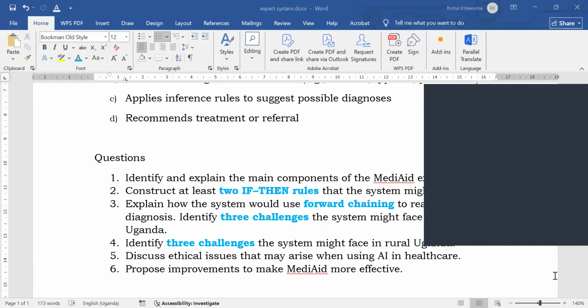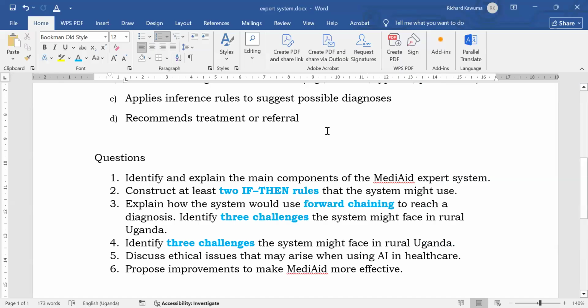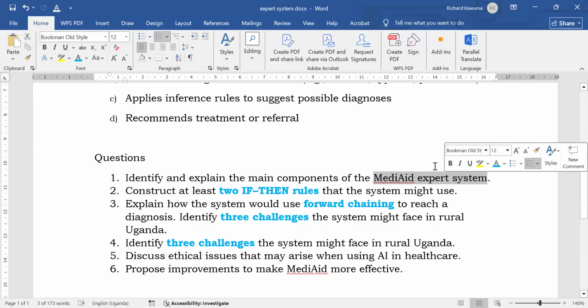So: identify and explain the major components of the expert system. When you look at such a question, the expert system which they are referring to is a software.